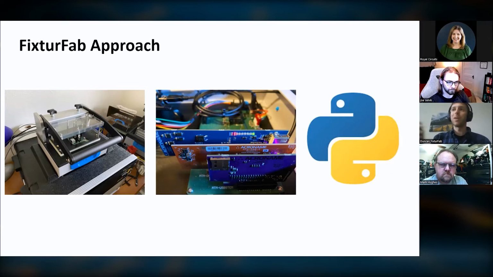We love Python because it's free. We've built a plugin for PyTest, and this allows us to leverage all of the different modules and plugins that have been developed for the PyTest environment with our functional tests. So it's made it much, much faster to develop these automated test plans compared to using LabVIEW.